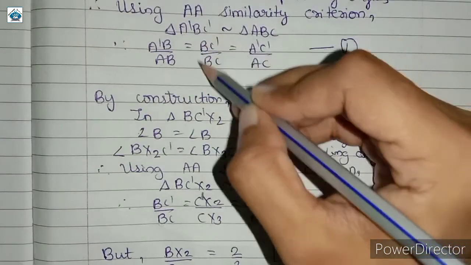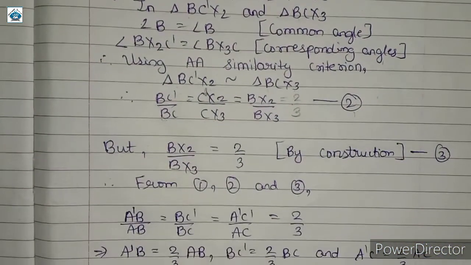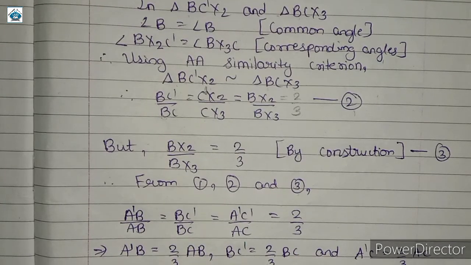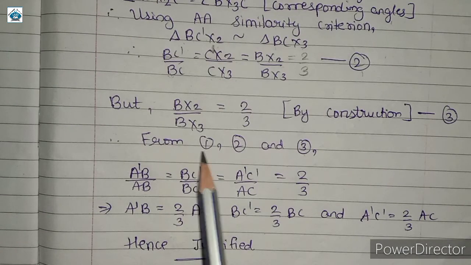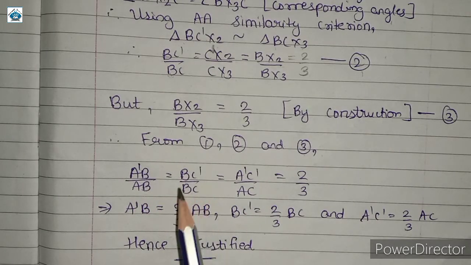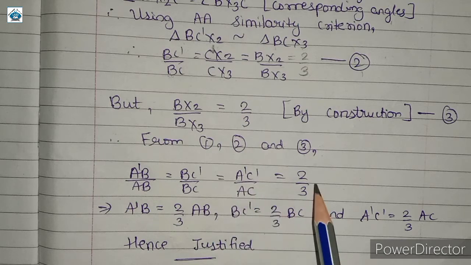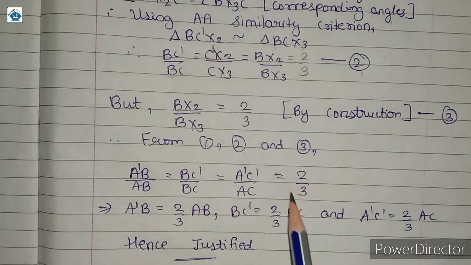Now this is equal to 2 by 3, so these three will also be equal to 2 by 3. So from 1, 2 and 3 we can say A dash B upon AB is equal to BC dash upon BC, which is equal to A dash C dash upon AC. This is equal to 2 by 3. That means all of these are equal to 2 by 3. Each one of these is equal to 2 by 3.